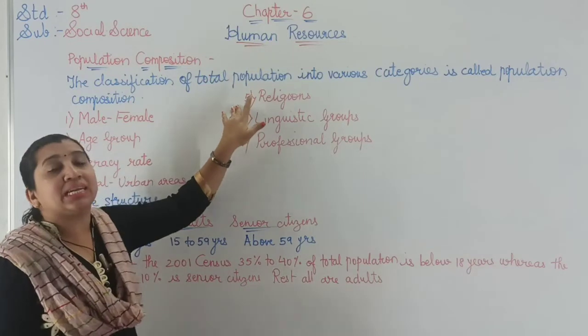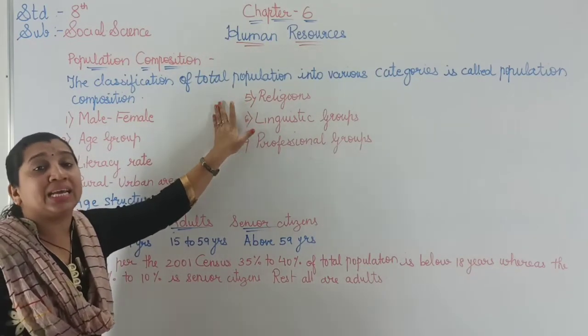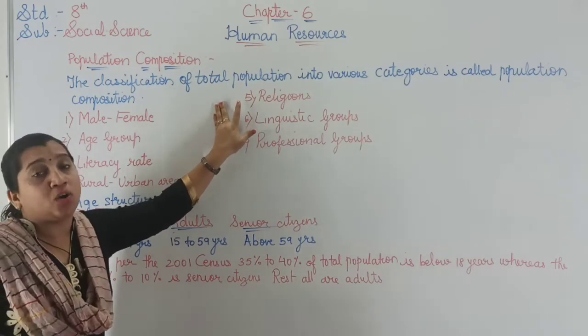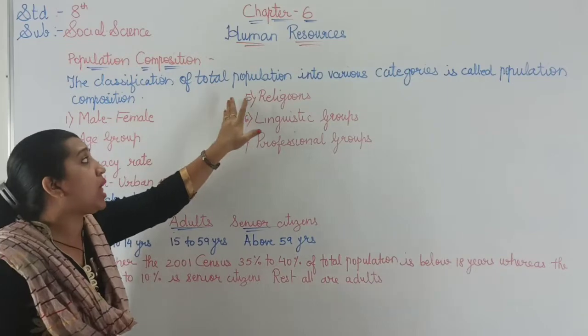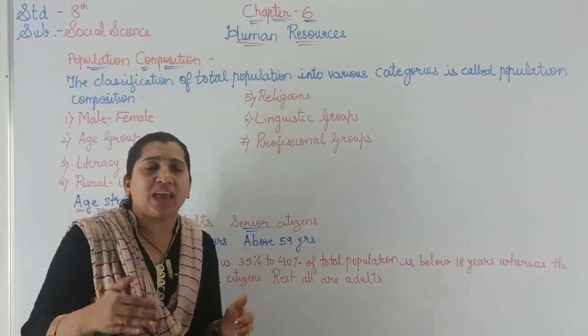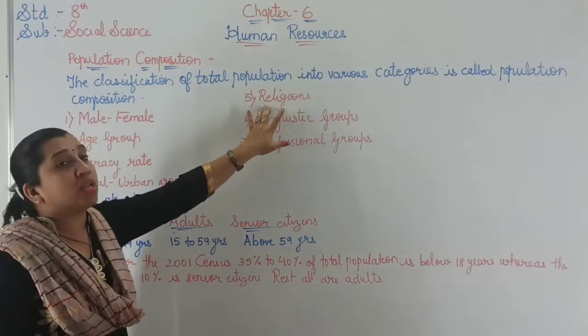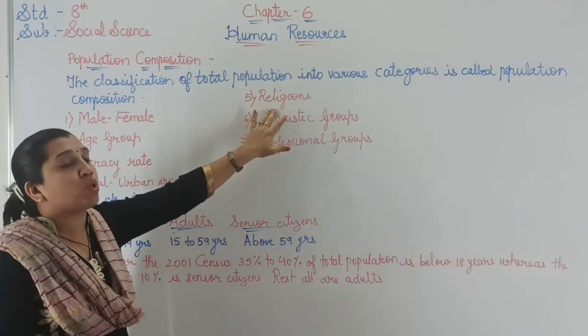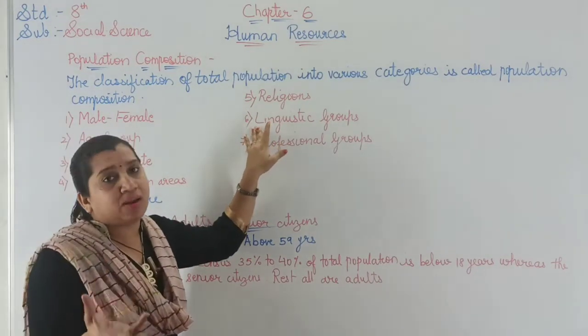The fifth one is religions. In our country, India, I have already explained that India is known as a land of diversity where Hindu, Muslim, Sikh, Christian, and Parsi all are living together. So after counting, the population is divided on the basis of religions. Linguistic group, that means languages.